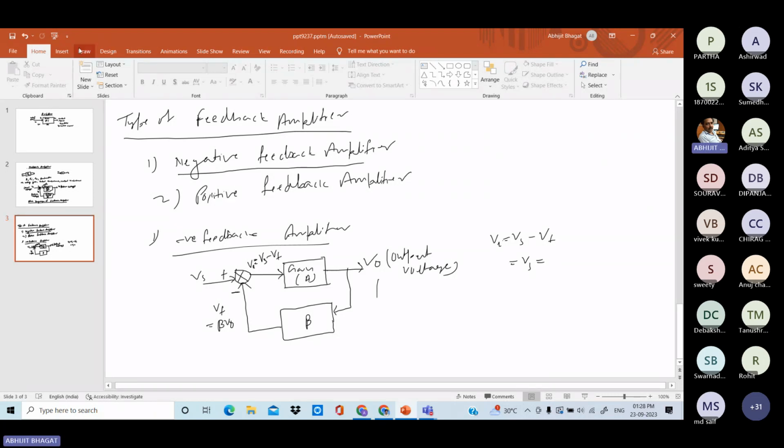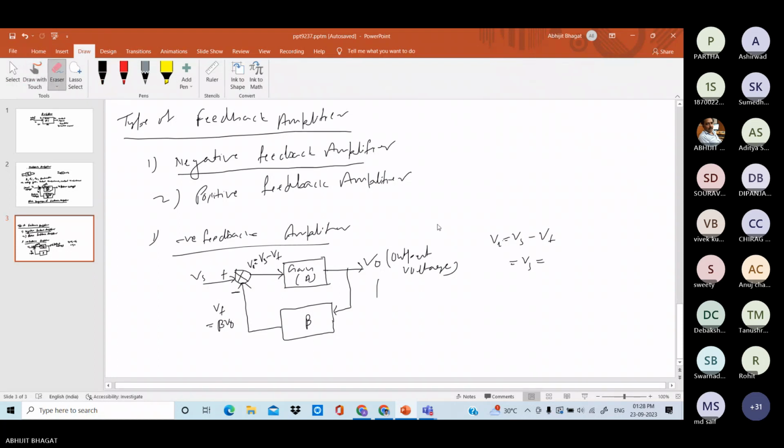Wait a second. So Vf is equal to beta V0.